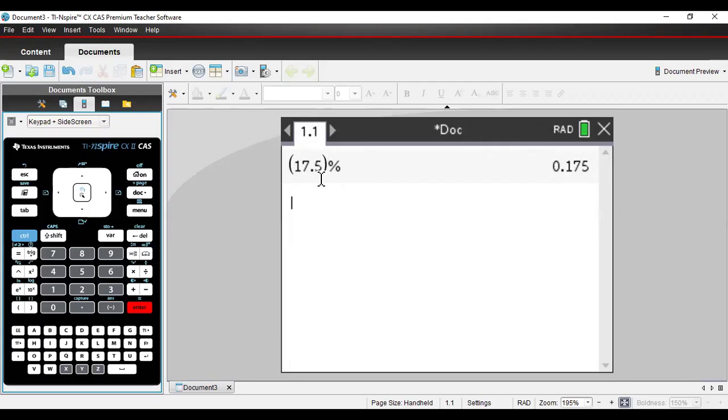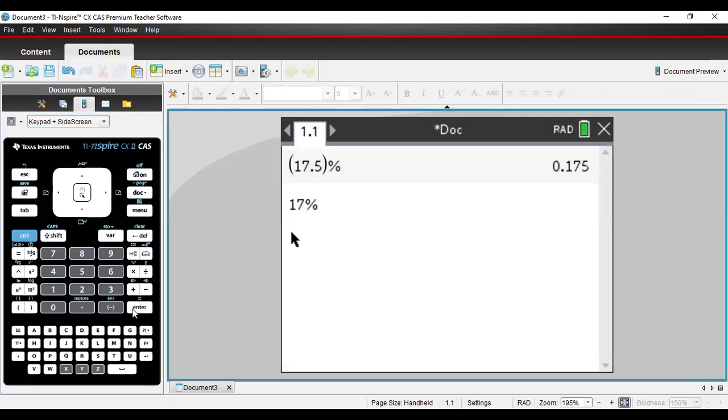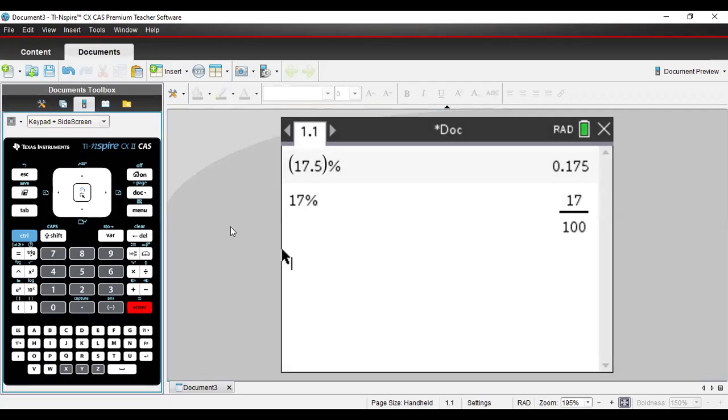Now, a lot of you, I believe, know that if you want to convert from a percentage to a decimal, you just divide it by 100, and that'll do the same thing. But let me show you one other thing. Let's say it was 17%. If you want it to be a decimal, you have to put a decimal in there.